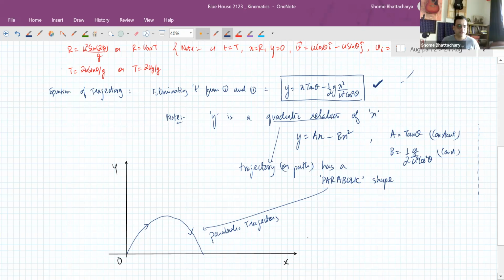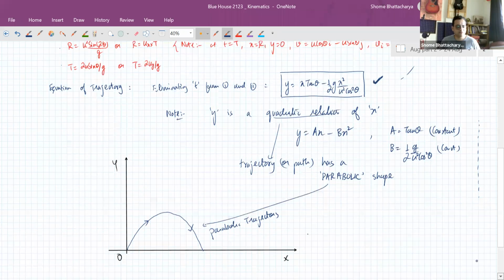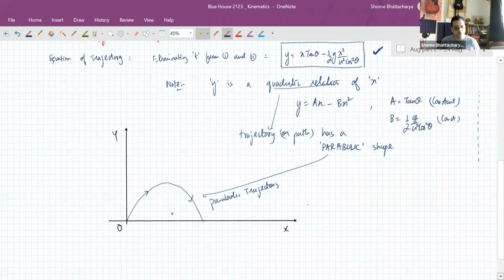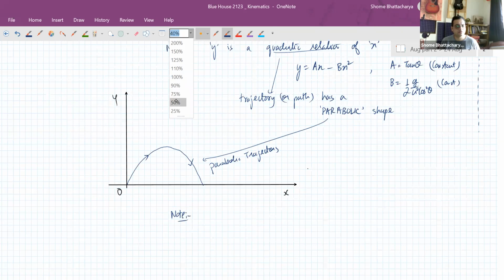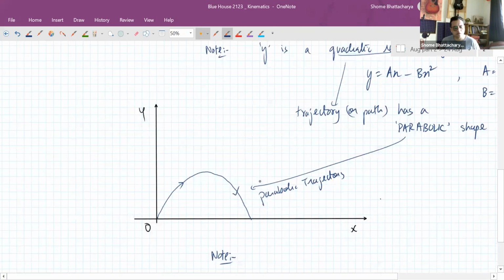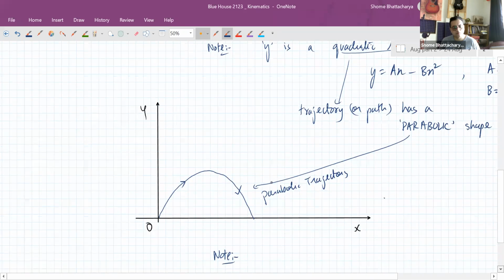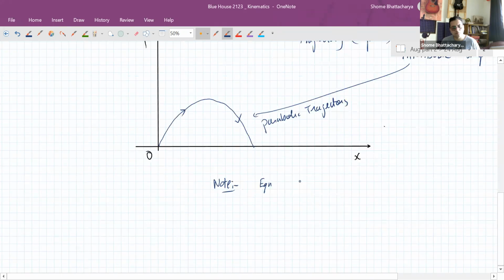Okay, now one more very interesting thing here is that we can write the equation of trajectory in a slightly different manner. So we will write the equation of trajectory in terms of the horizontal range and the angle of projection, instead of in terms of u and theta.